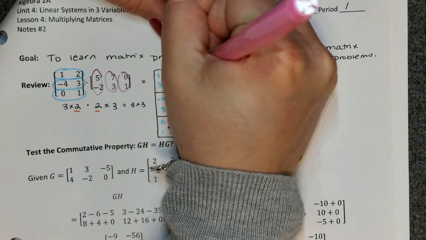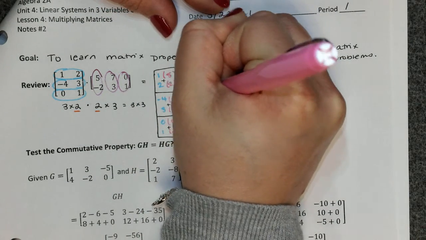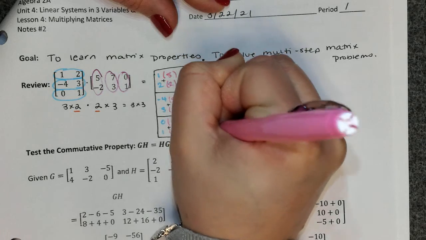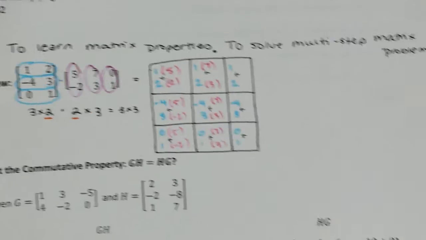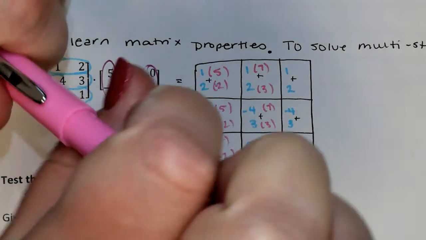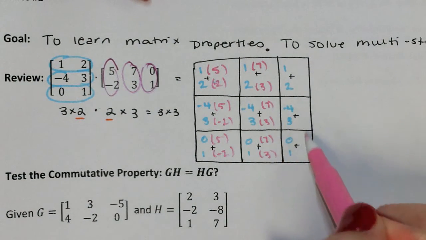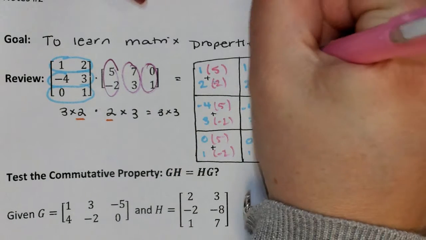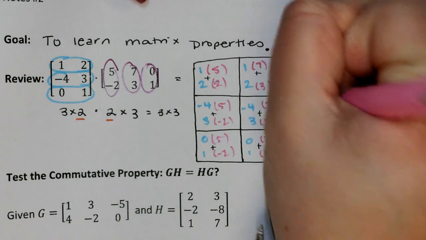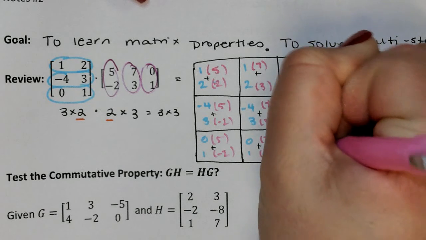So each of these will have a 7 and a 3, a 7 and a 3, a 7 and a 3. And in that last column, what numbers are used? A 0 and a 1. So a 0 and a 1, a 0 and a 1, a 0 and a 1.